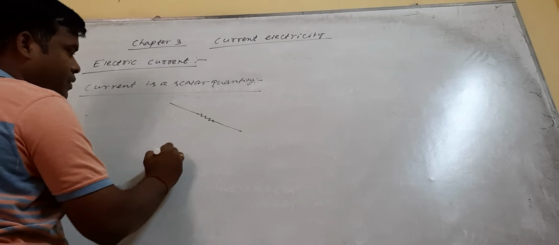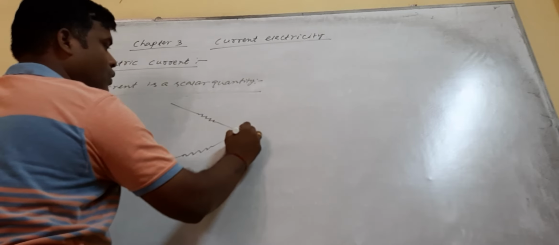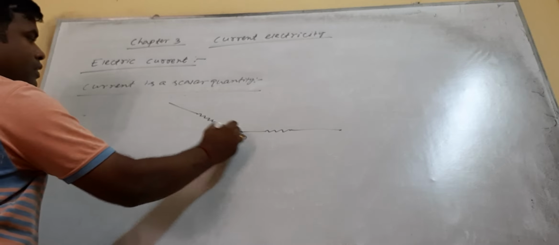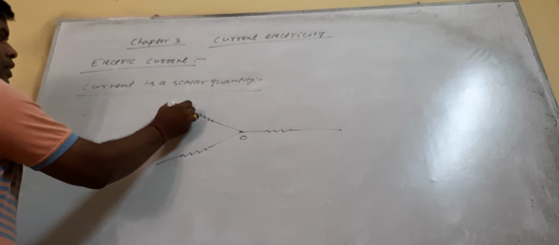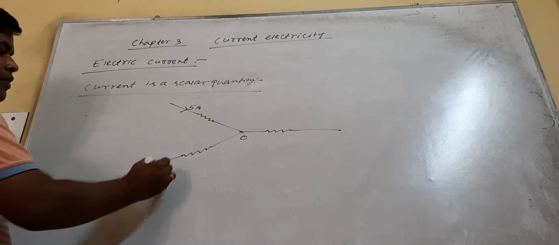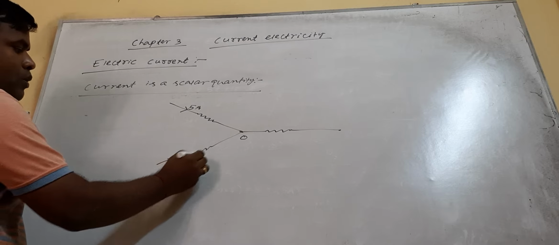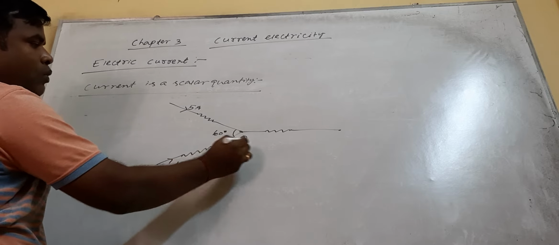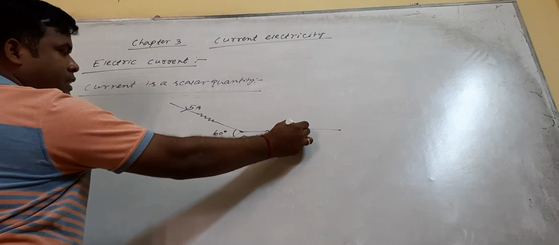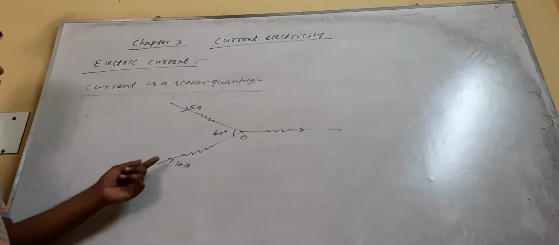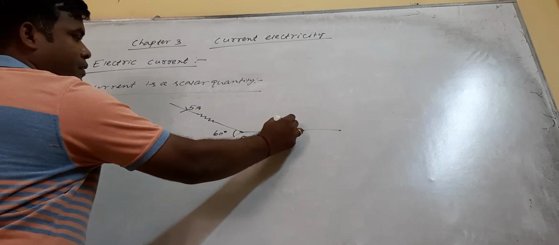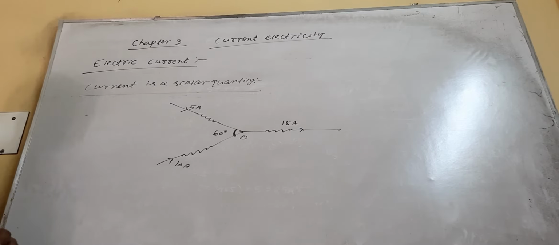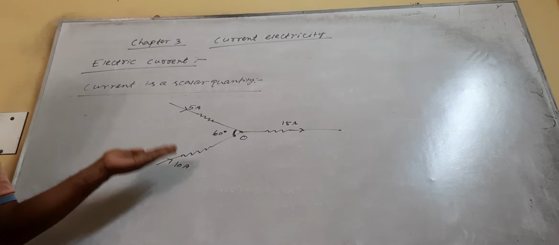You see, it is a wire, it is another wire, it is a wire, it is a junction. If here 5 ampere of current is coming, here 10 ampere, suppose the angle between them is 60 degree, then what will be the current flowing through this branch? Definitely we will say 10 plus 5, 15. Whatever the angle will be, always the current will be this plus this.